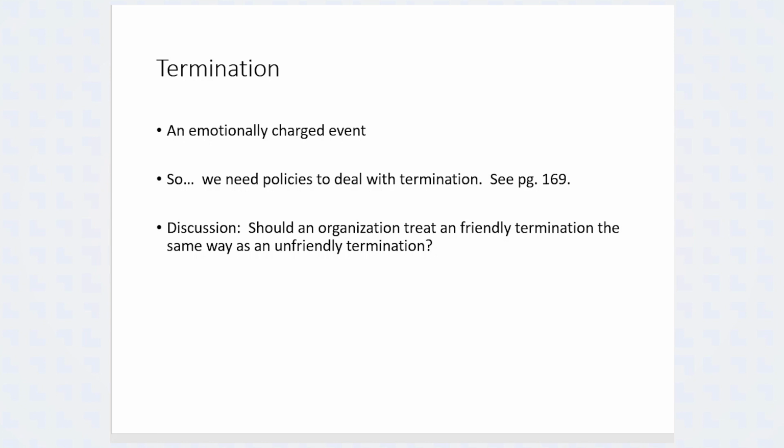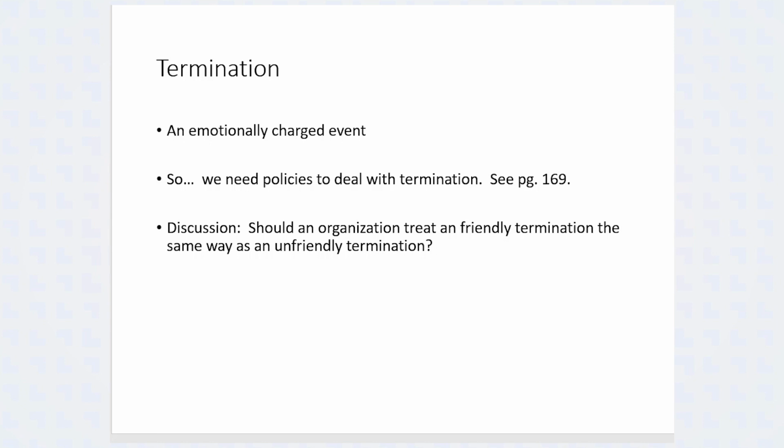Now, you might think, do you treat a friendly termination, that is to say the contract simply comes to an end and the job is over, the same way as an unfriendly termination? What happens when the person has been having bad performance reviews repeatedly, and they are looking for ways to get rid of that employee?